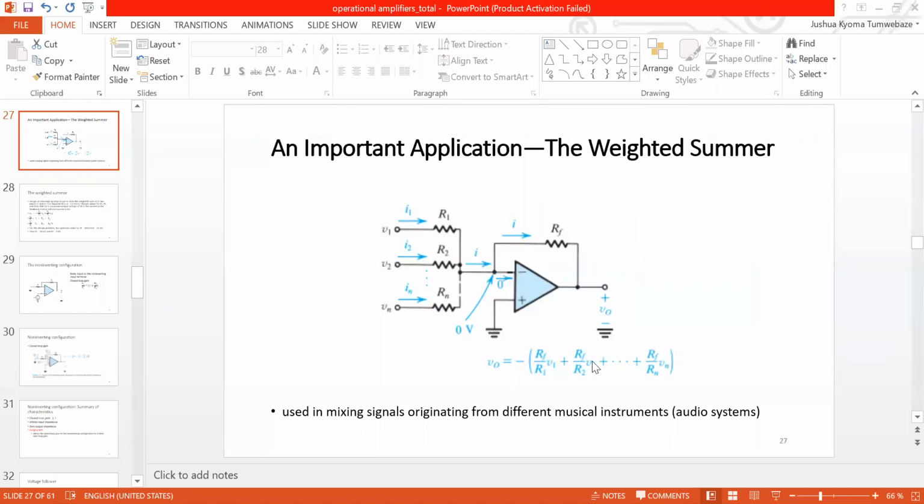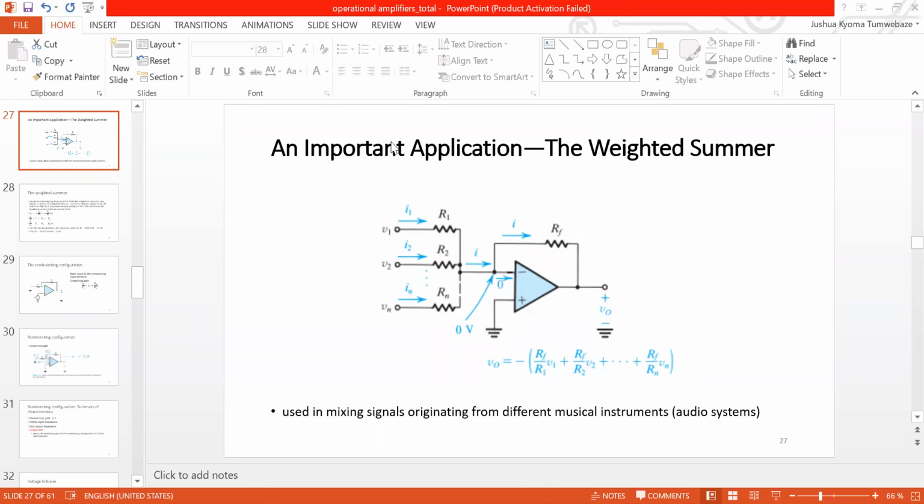That means each input voltage is modified by a weight, or a weight is applied to each input voltage, and that is why we refer to this amplifier as the weighted summer.